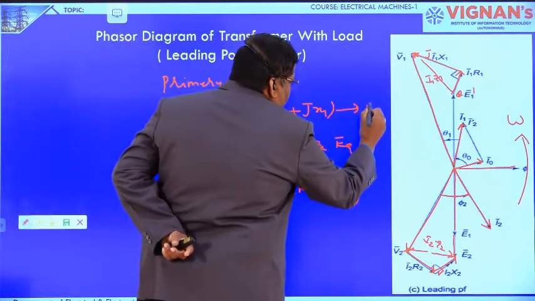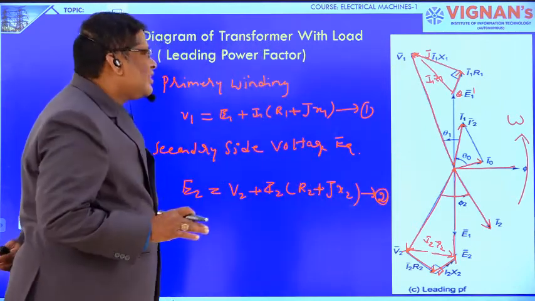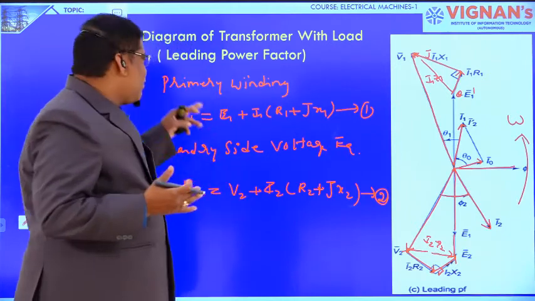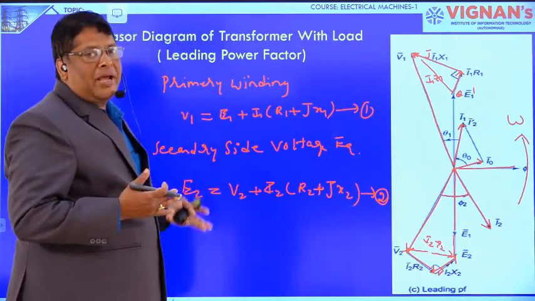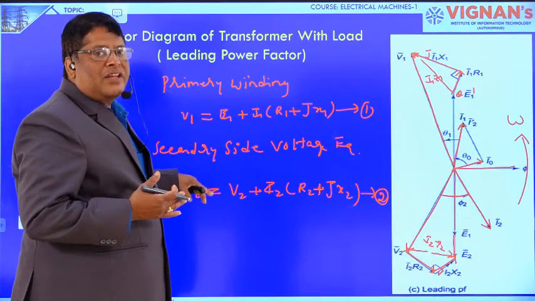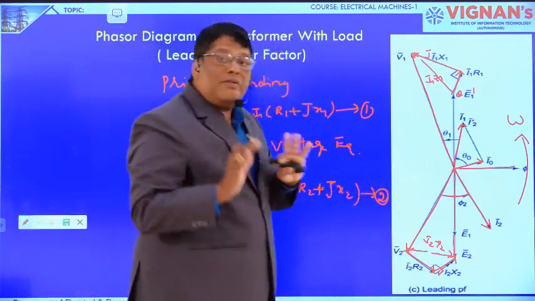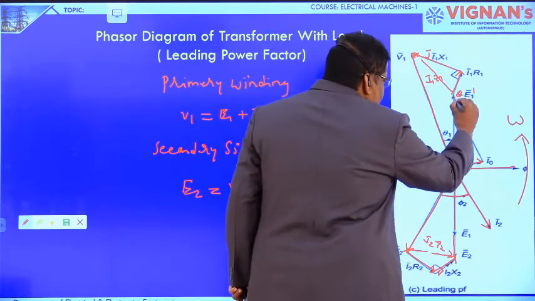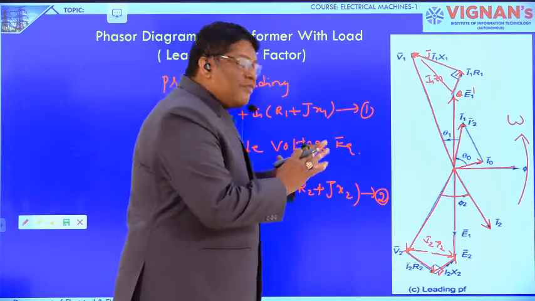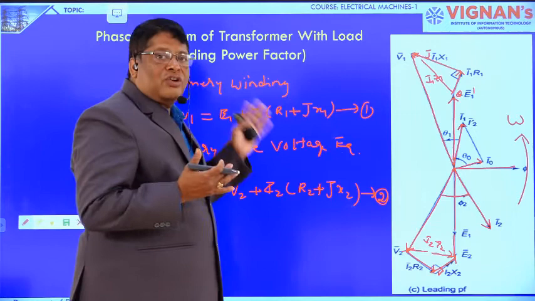This is equation 1, this is equation 2. In all these cases, the only thing is there is no change in the equation for the primary and the secondary. But the placement of the phasors in the phasor diagram will be different with the type of load we connected across a transformer.